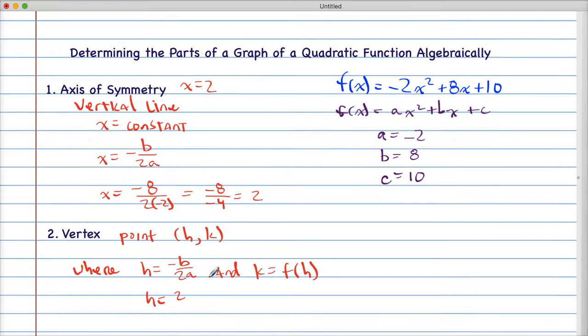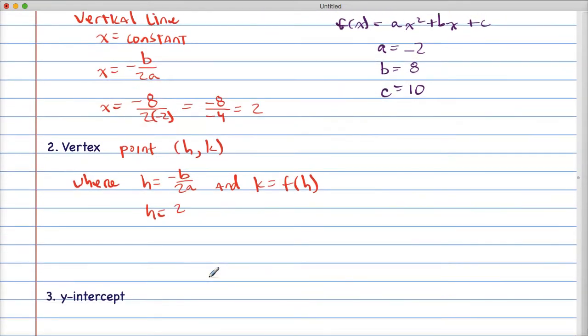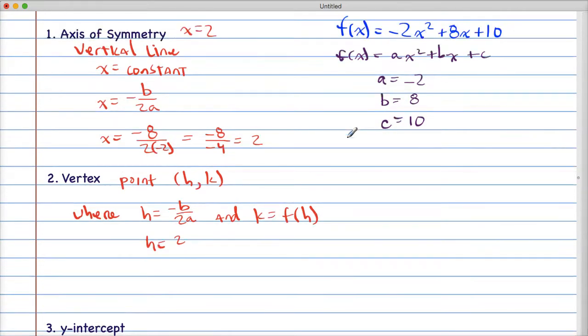And now the vertex, right, is a point. And a point is always represented by x and the function value of that x. So if h is negative b over 2a, that's the x-coordinate. K is going to be f of h. So I figure out what h is. I've already done that from step number 1. Now all I have to do is plug that into my function to find out what k is. So h equals 2, k equals f of 2.